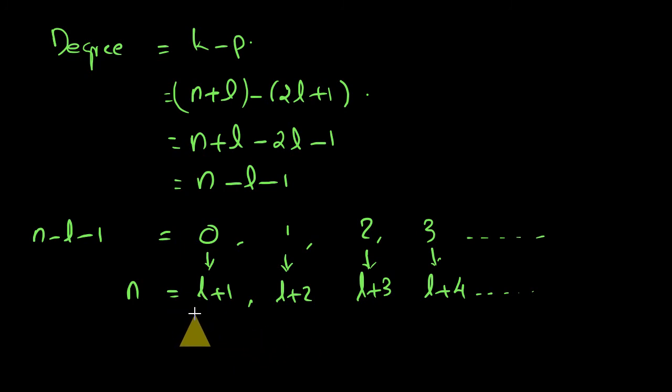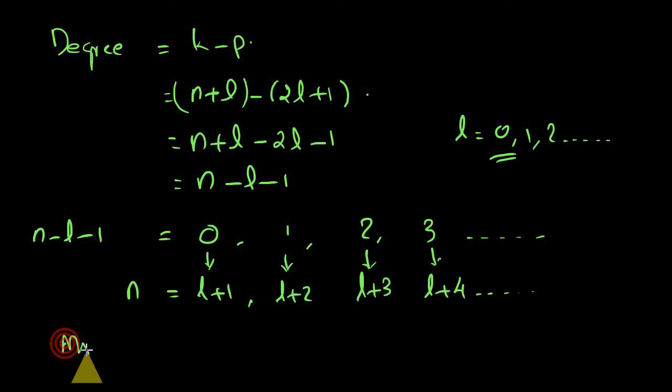Which are the allowed values of L? The allowed values of L are 0, 1, 2, 3, etc. So the minimum value of N will be obtained when L has its minimum value. What is the minimum value of L? 0. So we can substitute the minimum value of L in these equations. What will be the minimum value of N?